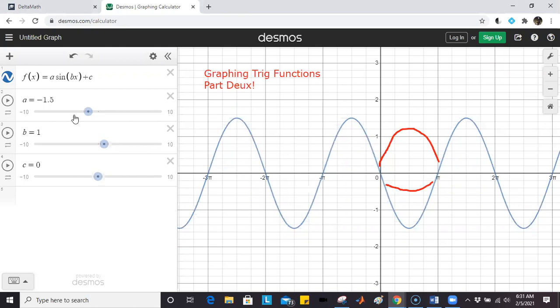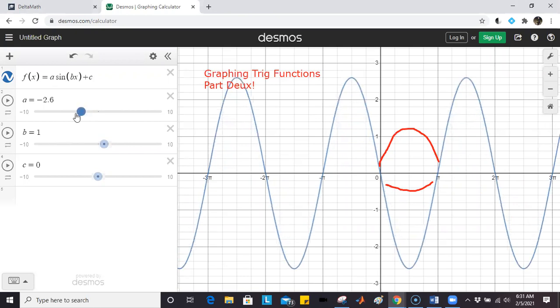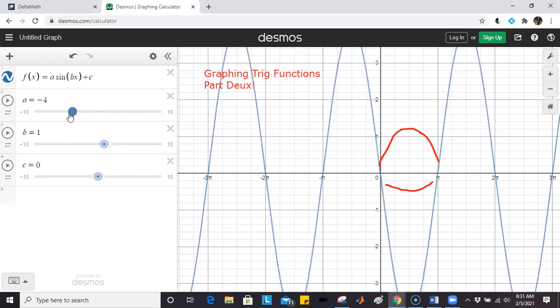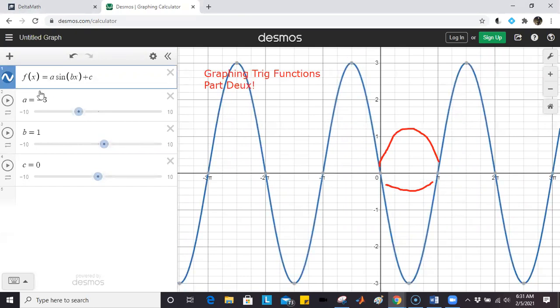Why, when we are in the negative, is it all of a sudden flipped? Well, remember when we talked about transformations before, when you have a negative value outside the front, we are flipping over the x-axis. That's what happened here. So for negative values of a, the amplitude itself is not negative, but we've got a negative in front of our amplitude.